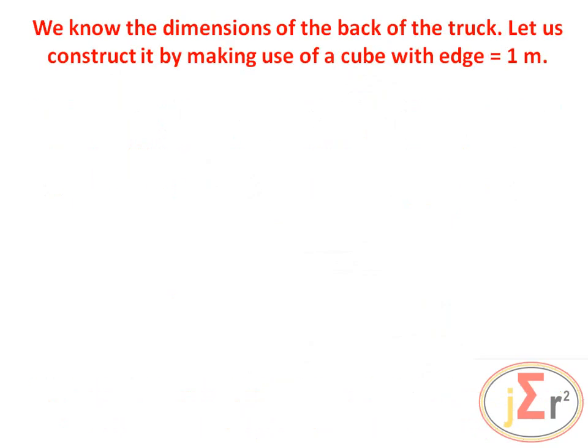We know the dimensions of the back of the truck. Let us construct it by making use of a cube with edge 1 meter. We are choosing 1 meter because the dimensions of the back of the truck are in meters.